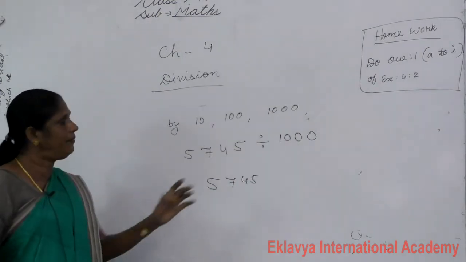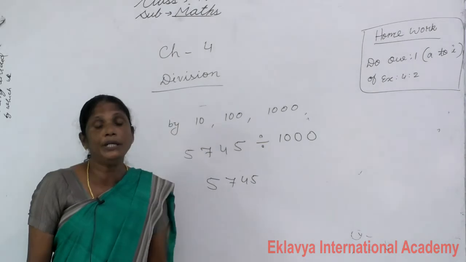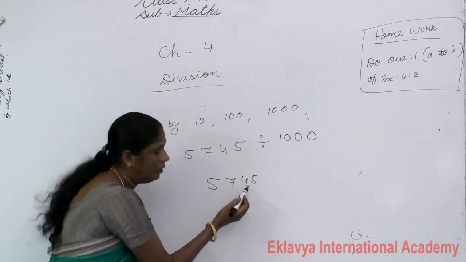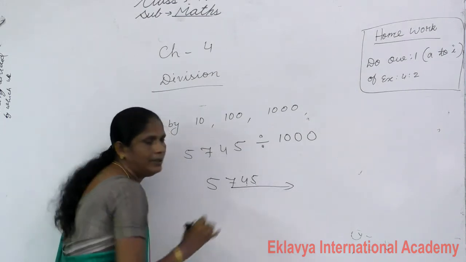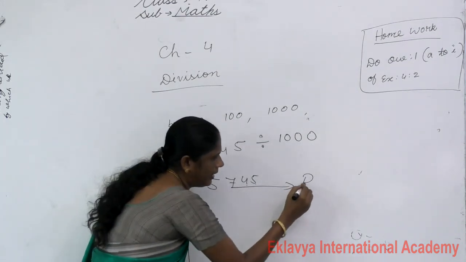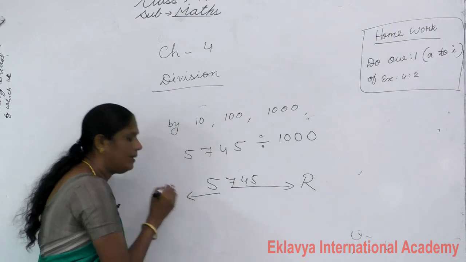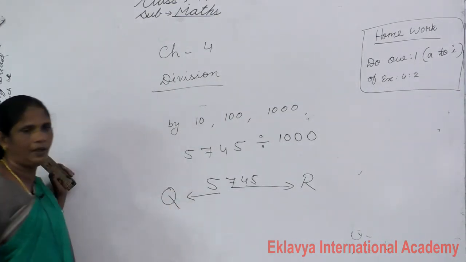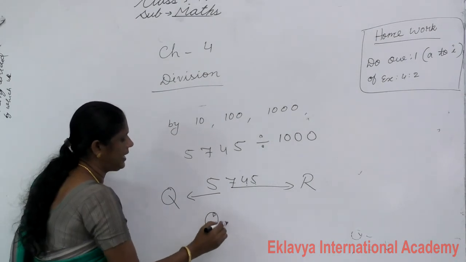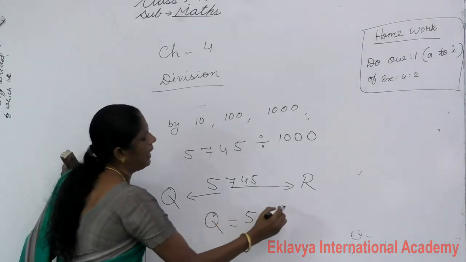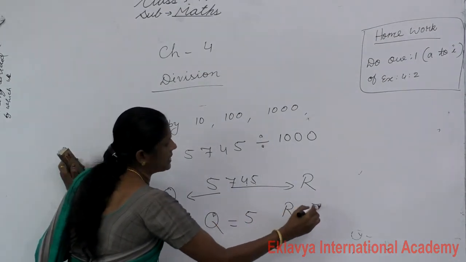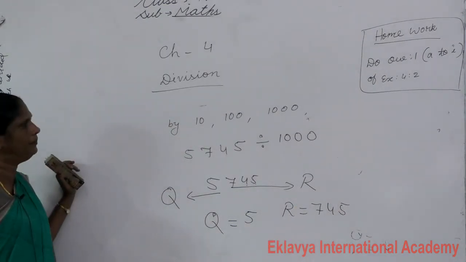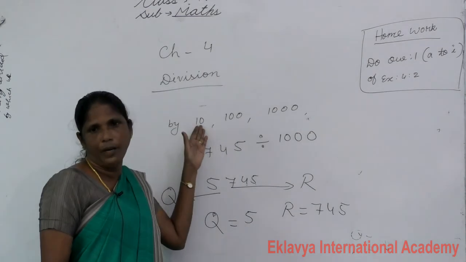Divided by 1000, we remove 3 digits, 1, 2, 3. This is the remainder. What is this? Quotient. Quotient is equal to 5. Remainder is equal to 745.